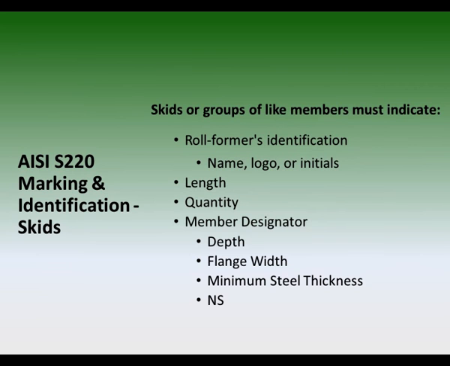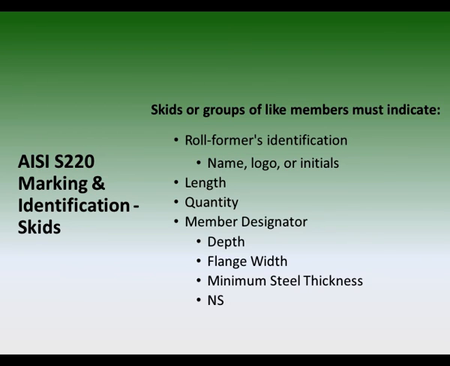I really can't stress enough the importance of being able to identify properties of studs in the field. Labeling is what installers and code officials rely upon to do their jobs correctly. There are two levels of markings. One is group or skid labeling, and the other is individual member labeling. AISI S220 has a specific section on identification of groups of like members.